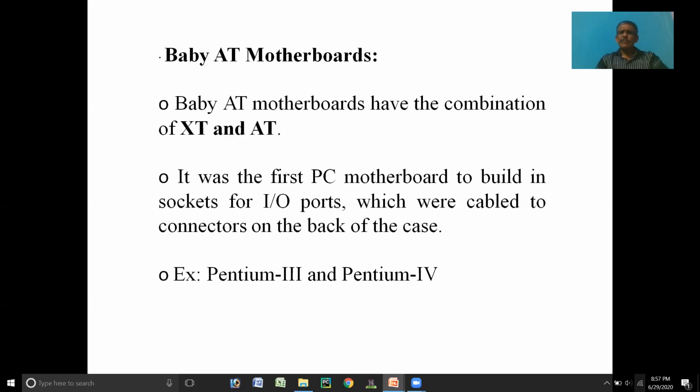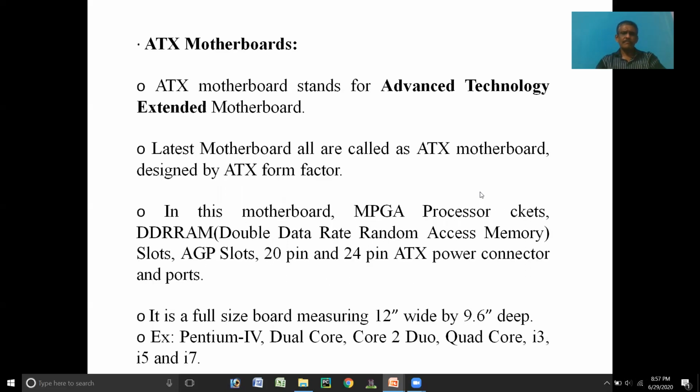Then next we move on to the fourth type of motherboard called ATX motherboards. ATX stands for Advanced Technology Extended.